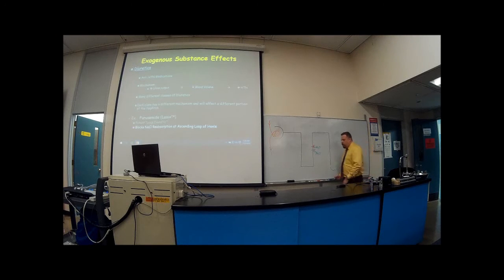So that's why they're called potent. It really is going to stop that sodium chloride from going that way. So water remains in the filtrate in the DCT, which means that the concentration, it doesn't want to be highly concentrated, so water is going to stay in the filtrate. And when it does, that extra water that is in here is going to go out in your urine.